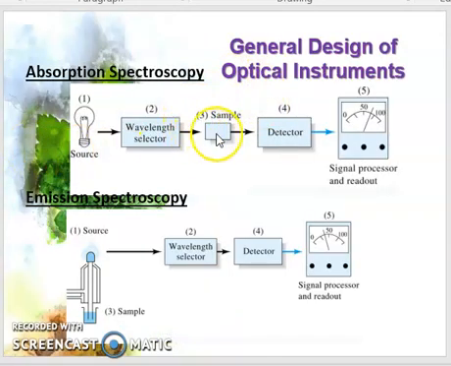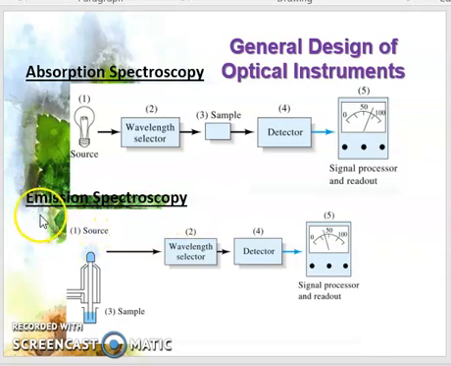This is another diagram showing the general design of a basic component of optical instrument. If you look at this one, this is in absorption spectroscopy, if the instrument measures absorption. This is emission spectroscopy when the instrument measures emission.